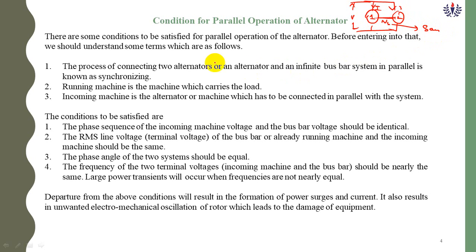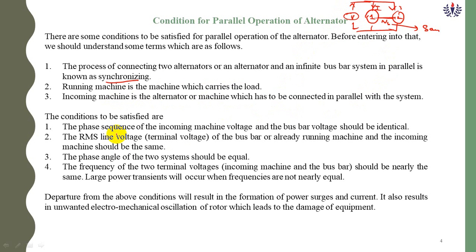This concept is known as synchronizing. The running machine carries a load, and the incoming machine is the alternator which is being connected. What are the conditions?